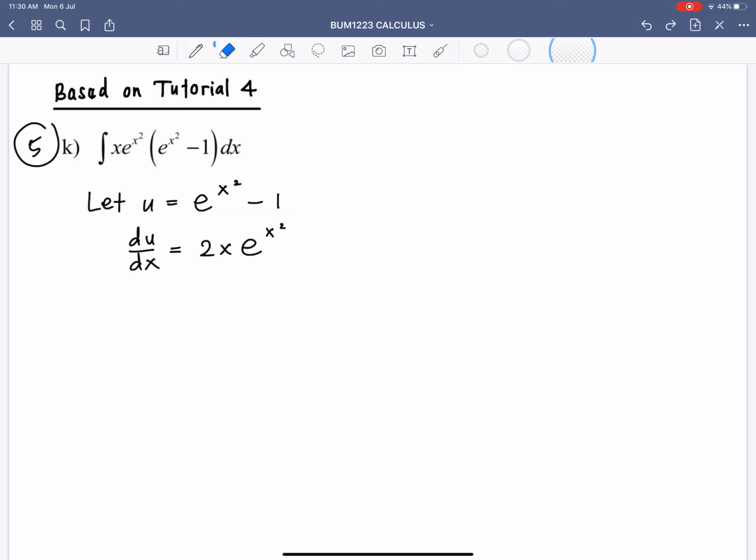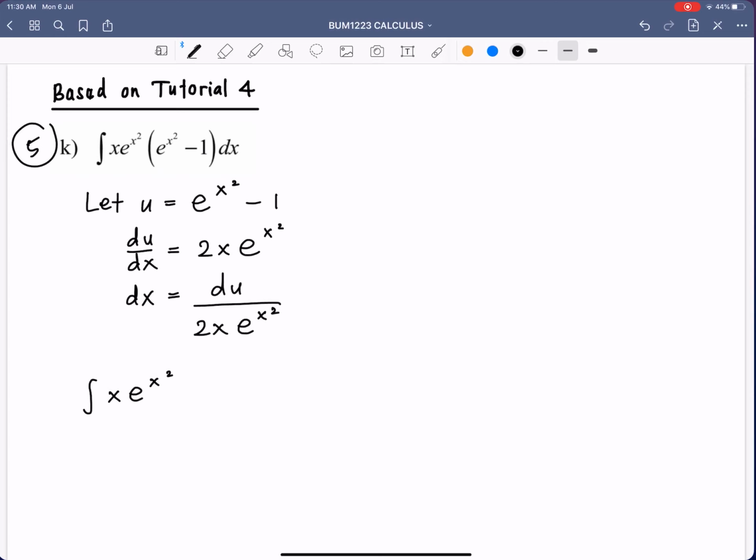Okay, so from here we get dx equals du over 2x e^(x²). And then our problem just now, integration of x e^(x²).